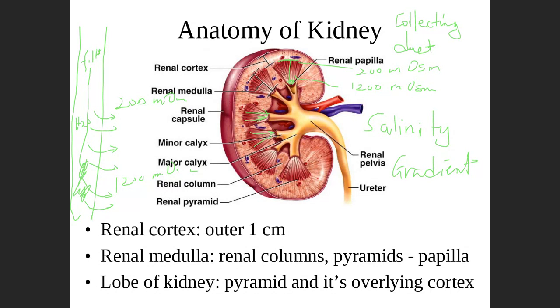In fact, they bring urine that way. But as you can see, it goes through the medulla. And if that's the case, there's potential for water to be taken back from the collecting duct, and then you create a very concentrated urine.